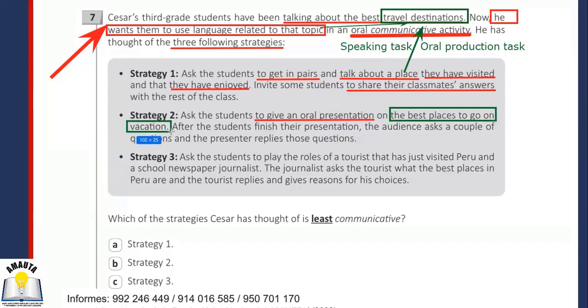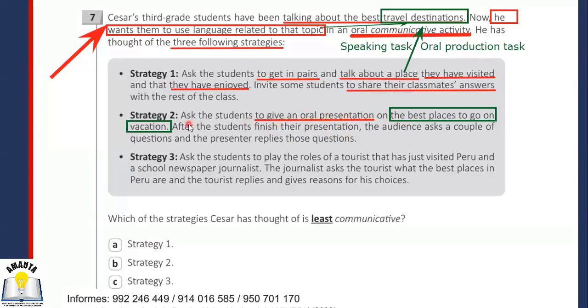Maybe this task is not meaningful at all because it's very general. Best places to go on vacation, not like in the first strategy in which students talk about places they have visited and enjoyed. This is more meaningful. So pay attention to these differences too. We should analyze every piece of information, my dear teachers.